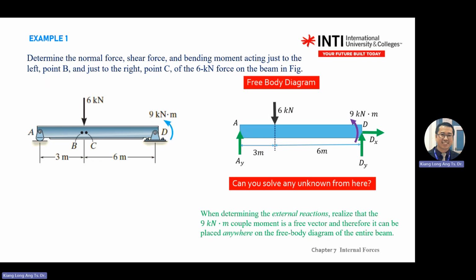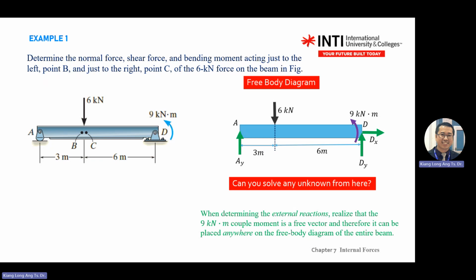Then you balance all the Y. Oh, yes, there is a 6. So moment at D, there was a 6. So 6 will be positive, plus 6 kilonewton. Like that.